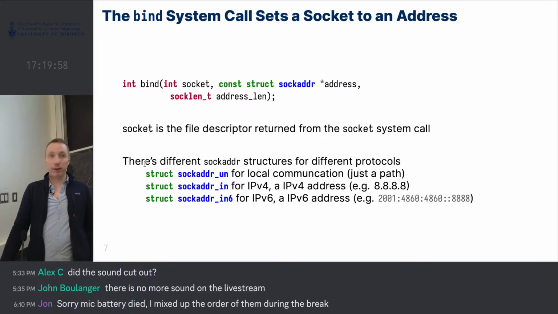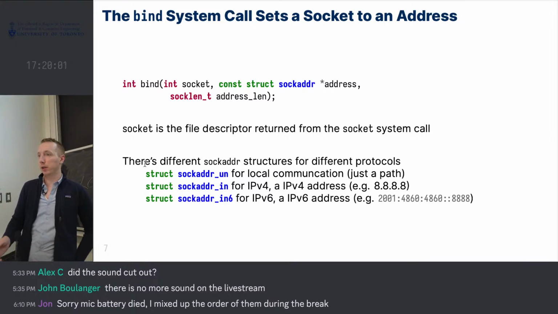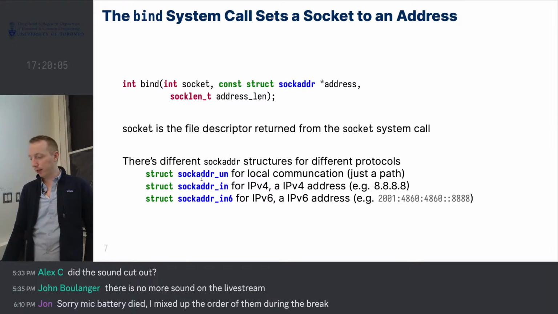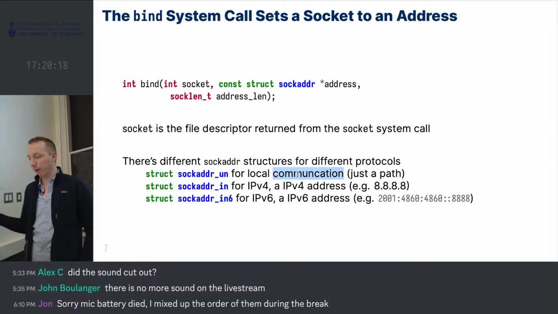And there are different structures depending on what you're trying to connect to. If you are connecting to a Unix socket, you use this sockaddr_un. Don't ask me why they didn't want to add 2 extra characters so it said Unix. I don't know, but this is just a path, so it just looks like a file.